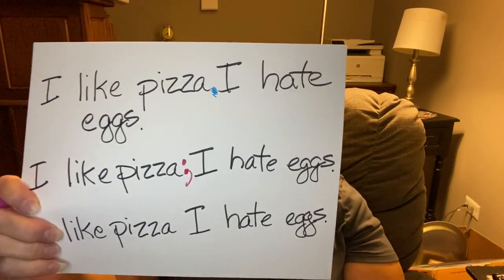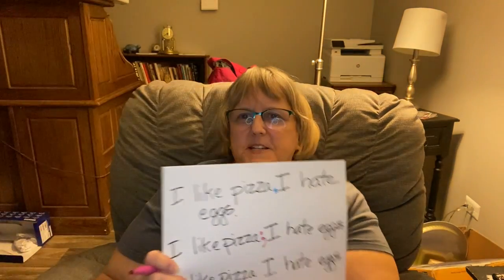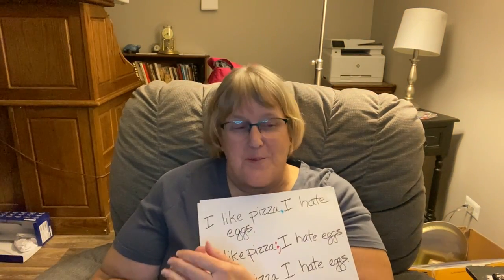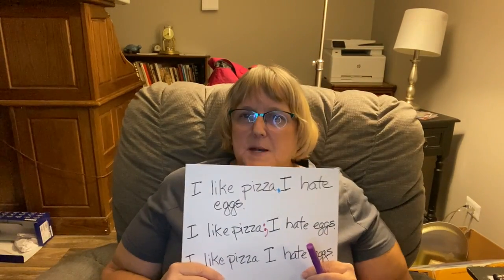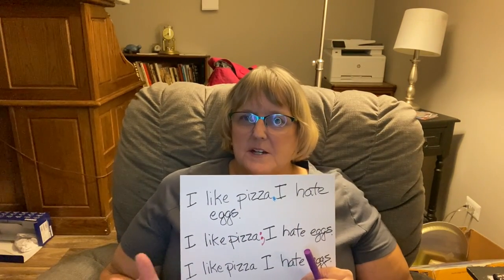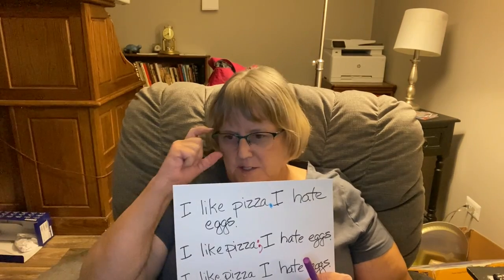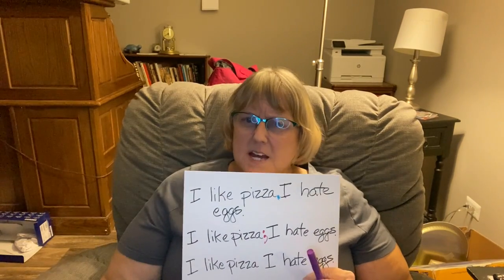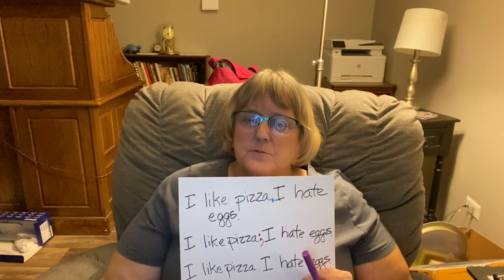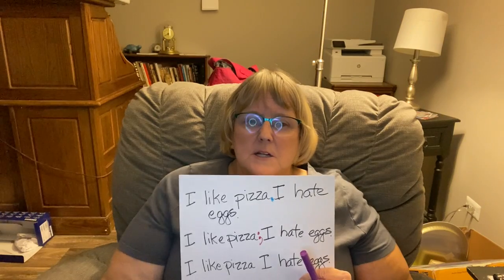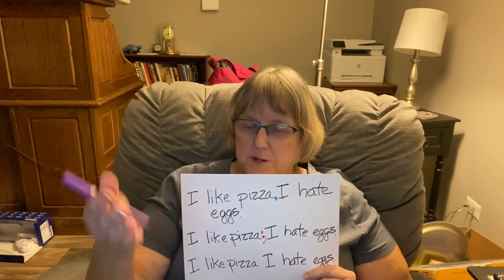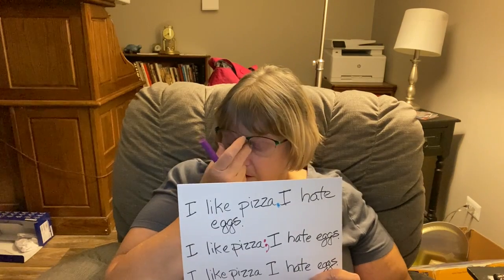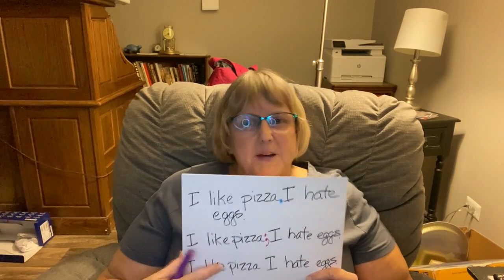Hope you guys can see that, okay? I can't see the phone and hold the paper in front of it. Okay, so a semicolon can separate two independent clauses, and an independent clause is what can function in and of itself as a complete sentence.